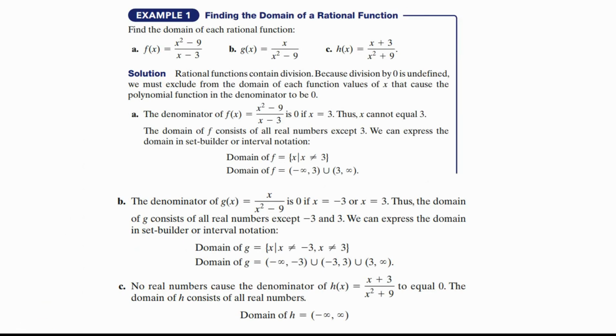Here, for example, we want to talk about the domain. And when you look at this first function, f of x equals x squared minus 9 divided by x minus 3, we tend to think that you can just look at that denominator and set it equal to 0.